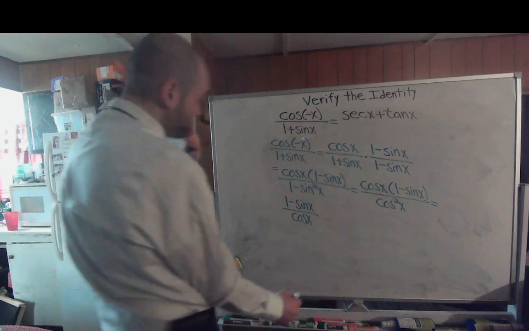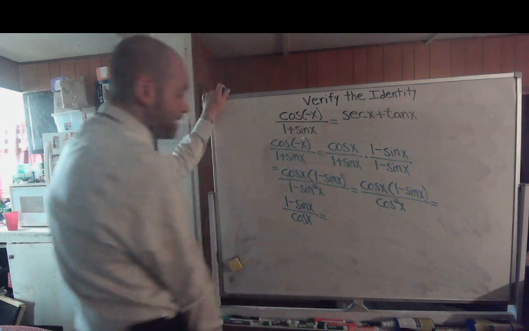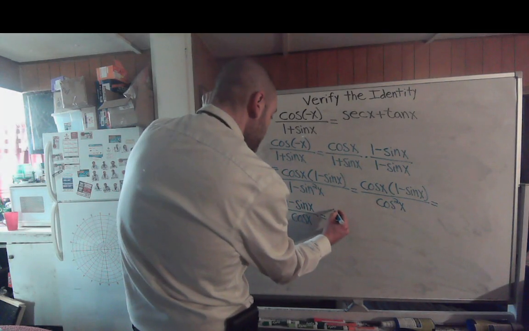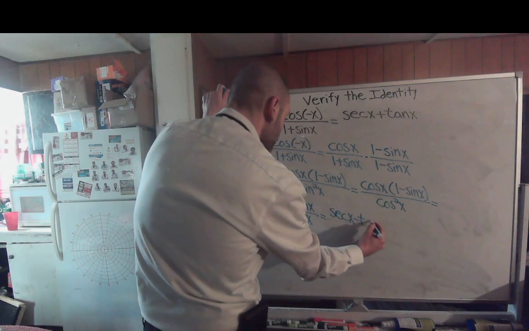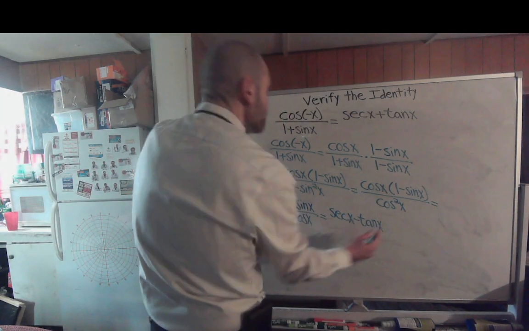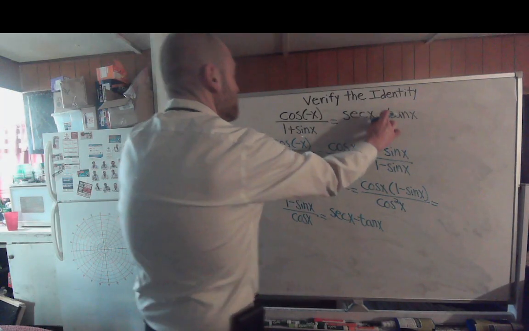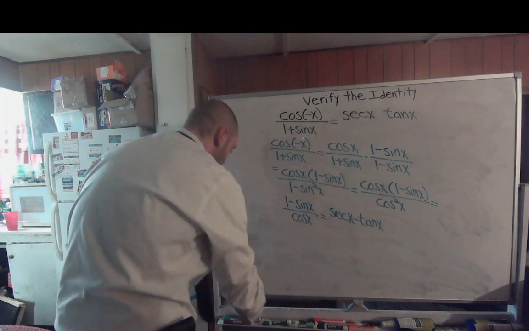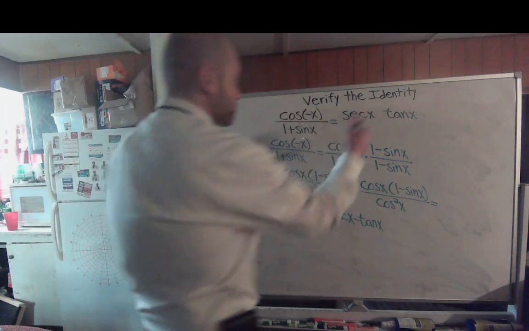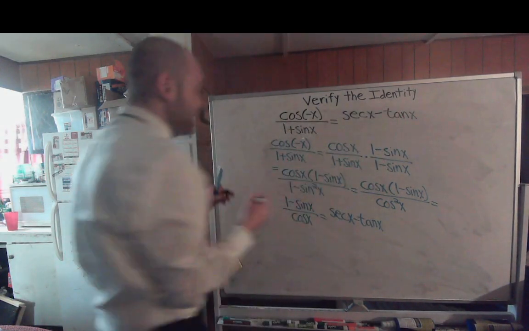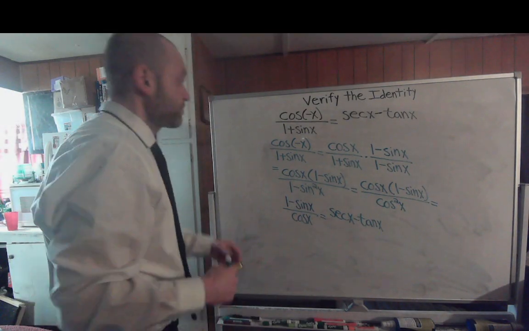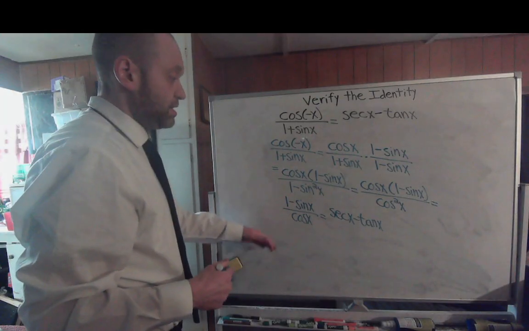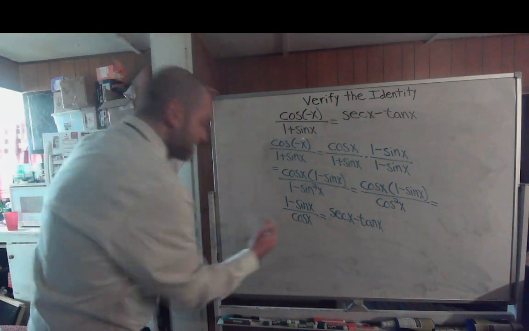Well, what are you left with then? You would end up getting the secant of x minus the tangent of x, which actually, I think that was supposed to read minus. So that's my bad. I miswrote the sign up here. That should be secant of x minus tangent of x. But anyway, yes, we verified the identity.